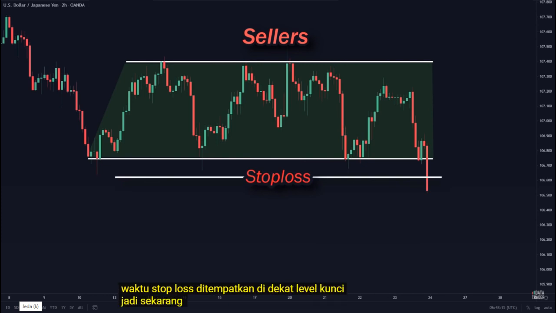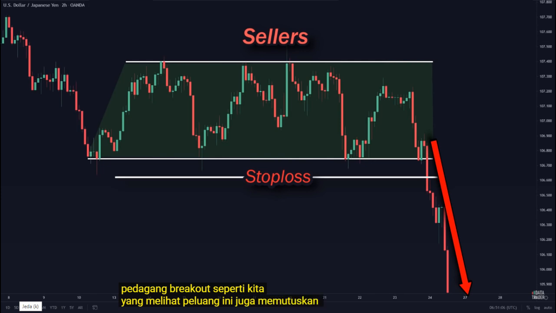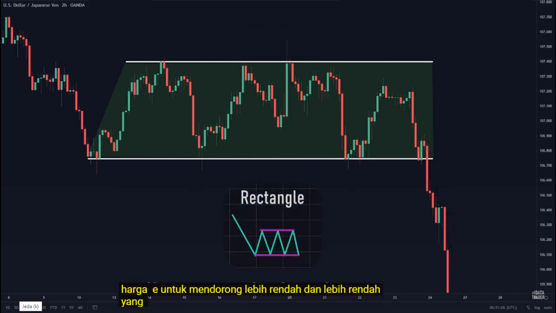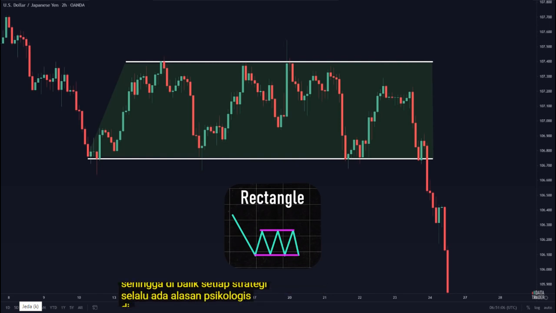So now, the buyers are getting stopped out, plus sellers keep pushing, so the downside momentum becomes much stronger. Not to mention, breakout traders like us who saw this opportunity also decide to join in. So all these factors combined cause the price to push lower and lower, which causes a breakout pattern to form. So behind every strategy, there's always a psychological reason behind it.